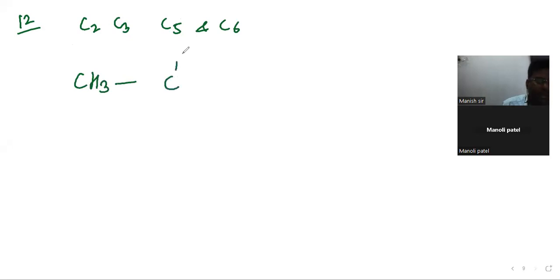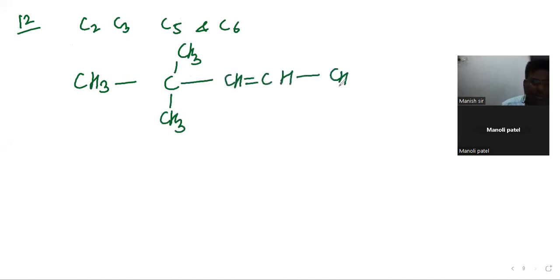Let's see question number 12. The state of hybridization of C2, C3, C5 and C6 are given. So I will draw the structure. It is CH3, C, CH3, CH3, CH double bond CH, so it is CH, right?